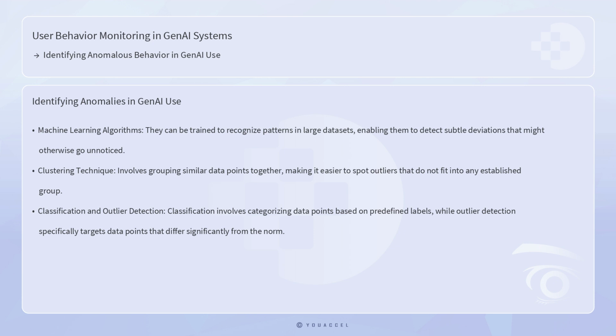Clustering involves grouping similar data points together, making it easier to spot outliers that do not fit into any established group. Classification involves categorizing data points based on predefined labels, while outlier detection specifically targets data points that differ significantly from the norm. These methods are particularly effective in real-time monitoring systems, where swift identification of anomalies is necessary to prevent potential harm.